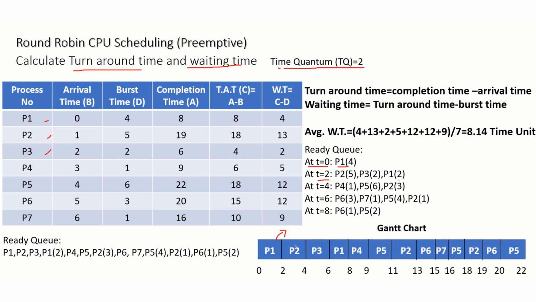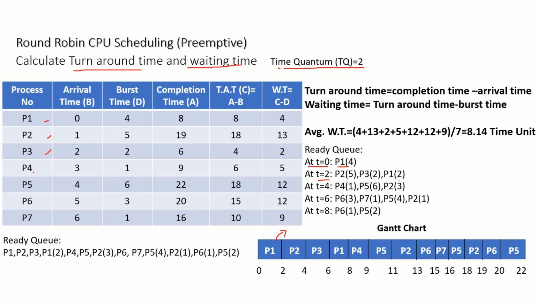So in the Gantt chart, you write P2 for 2 milliseconds, then P3, and the part of P1 which was remaining will be scheduled again. So at time t equal to 4, what will be in the ready queue? P4. Okay, see here 3.